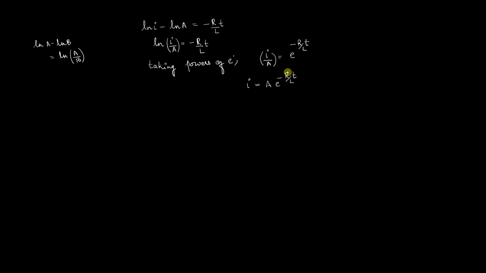As I said, A corresponds to the initial value of current, and that is nothing but equal to I naught. So in terms of the response of the circuit, I can write this above equation as I of t equal to I naught e power minus R by L into t.